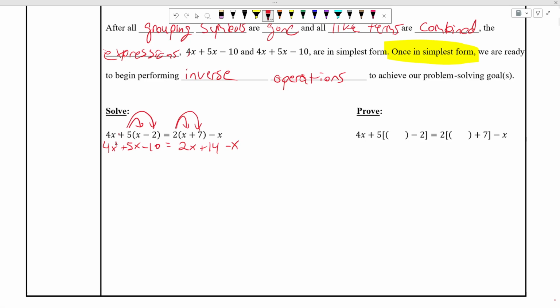So we did the distributive property as our step. Perfect. Now, let's combine like terms on the respective sides of the equation first.